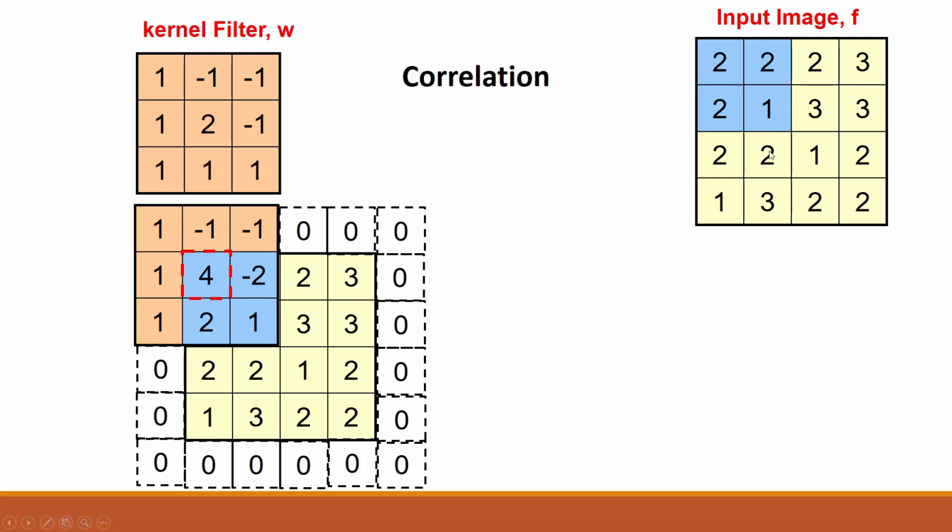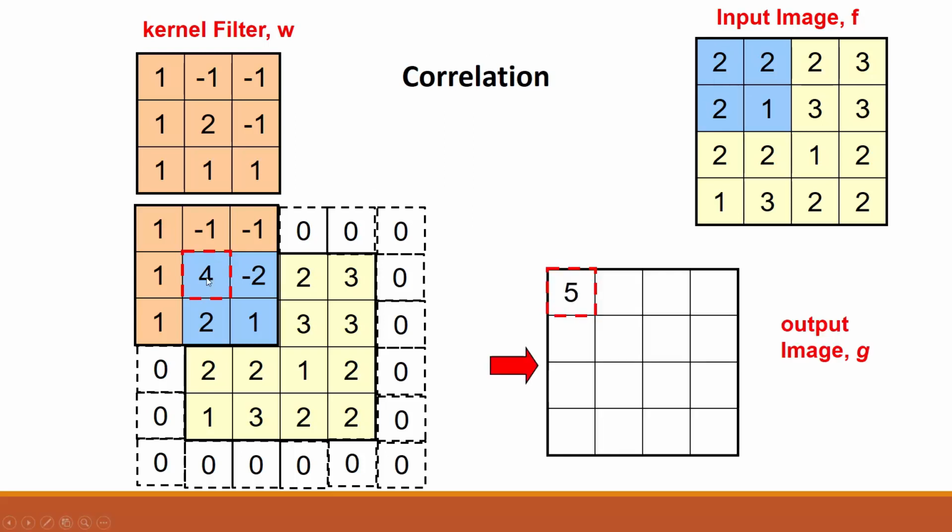Now 2 into 2 is 4, minus 1 into 2 is minus 2, 1 into 2 is 2, and 1 into 1 is 1. So the summation is 4 plus minus 2 plus 2 plus 1, which is equivalent to 5. So 5 is going to replace this 2.